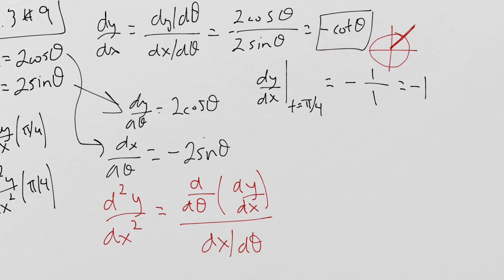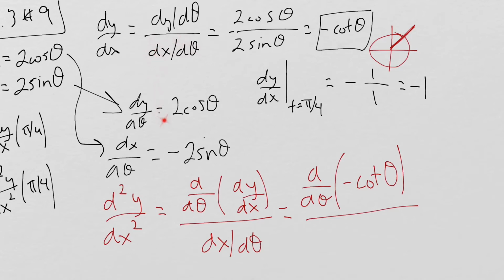The derivative with respect to theta of negative, actually here, I'll write this out. So this is d/d theta of negative cotan theta all over dx/d theta. I got to look back at my work. dx/d theta was here. Oh, it's right here. So that gives me a negative 2 sine theta.